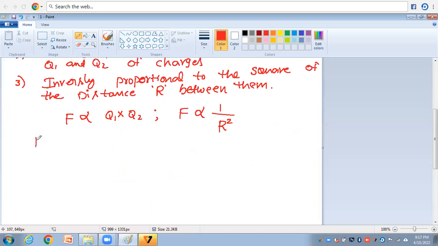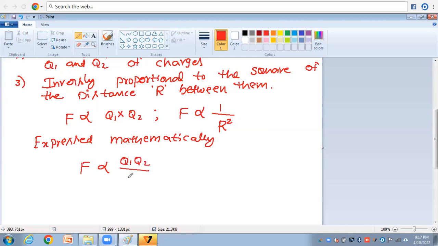Expressing it mathematically, F is proportional to Q1 Q2 by R square.